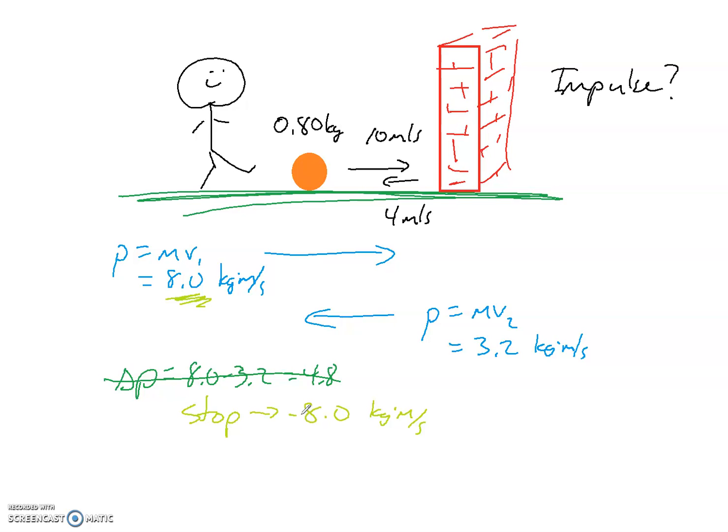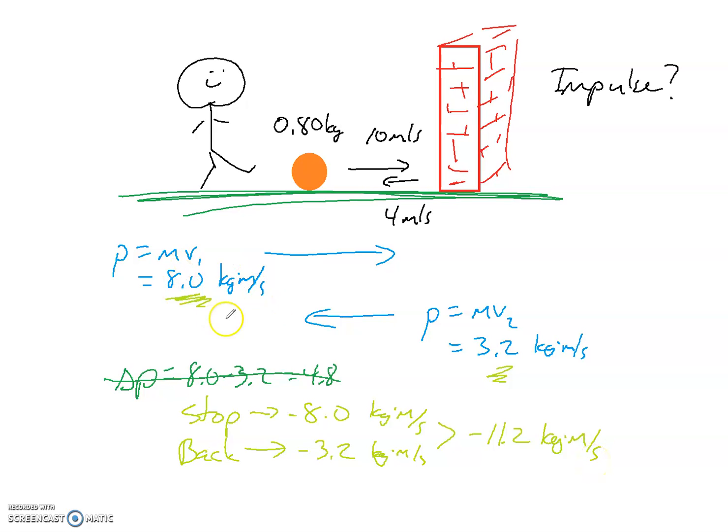But the wall didn't just stop the ball, it also threw it back with 3.2. So not only did the wall stop it, it also moved it back with another -3.2 kilogram meters per second. We need to take those two and put them together, and the total impulse or change of momentum would be -11.2 kilogram meters per second, or 11.2 to the left.